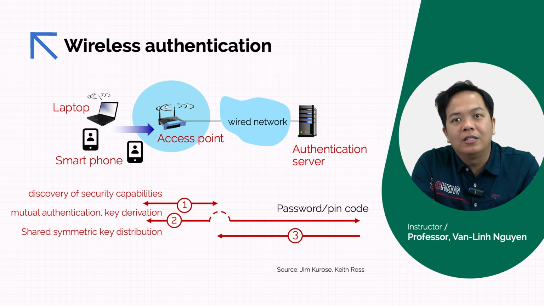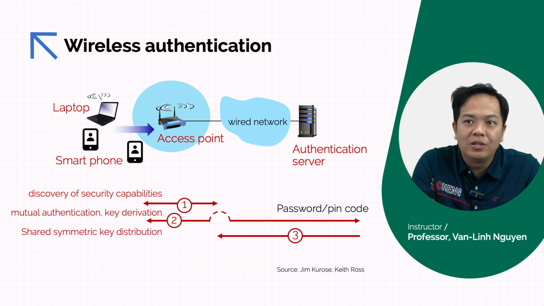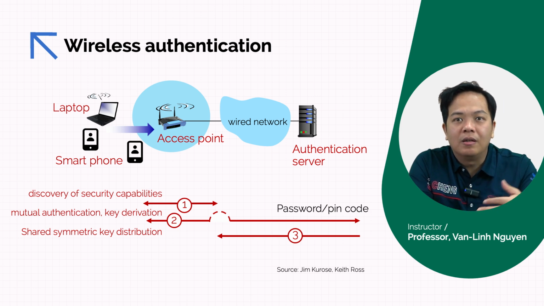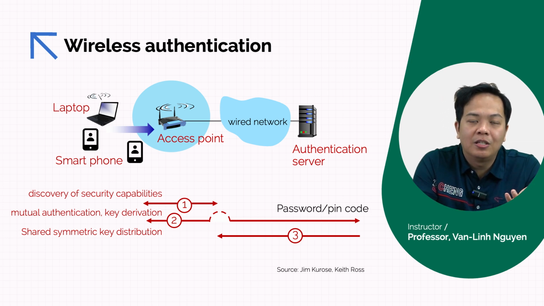That's the mutual authentication or key derivation. You can enter the password or PIN code, and after that you can see the symmetric key distribution, so the laptop or smartphone can log in to the access point.